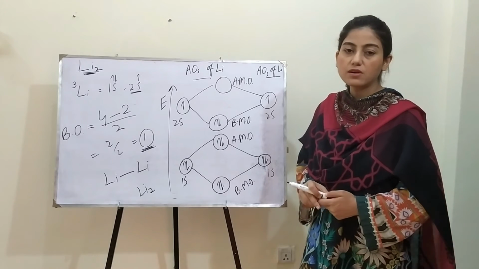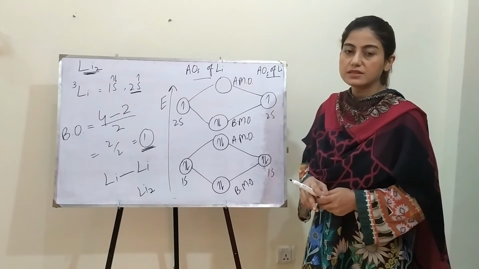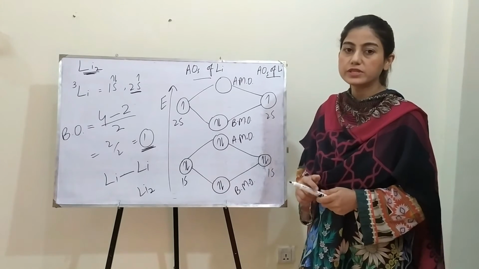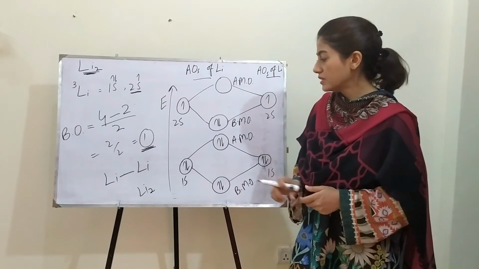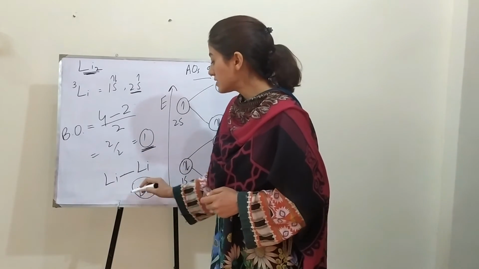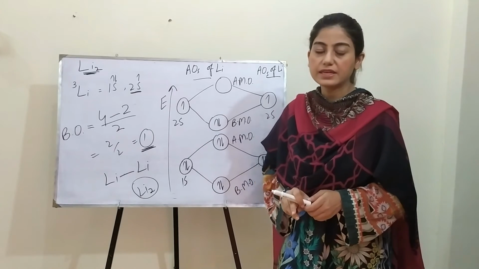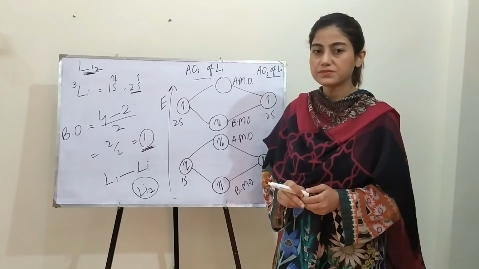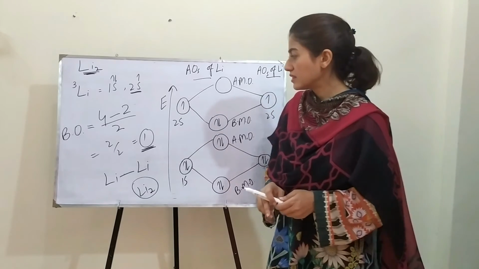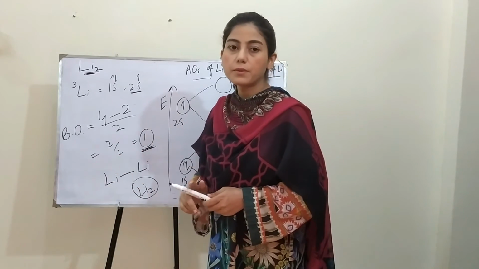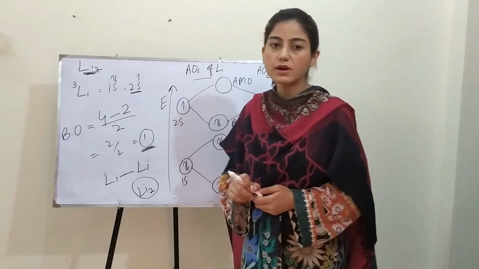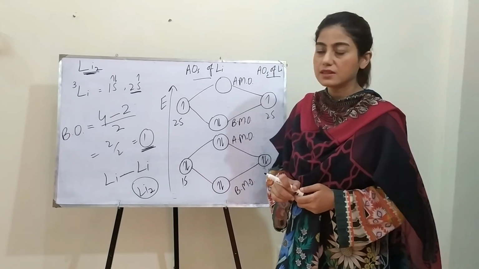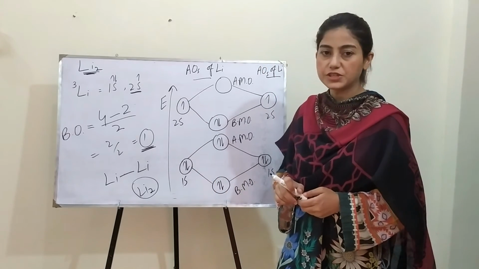So actually molecular orbital representation paves the way towards determination of the nature of the bond, either it's covalent or ionic bond, and also whether there is the probability to form a bond or not, means the probability of bond formation.